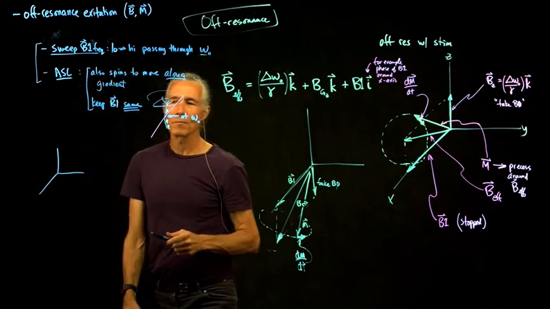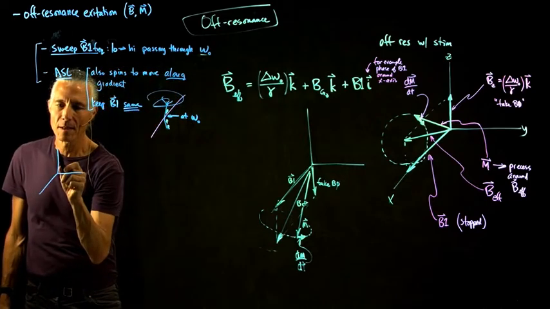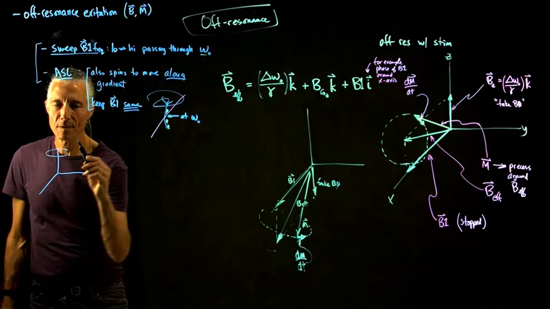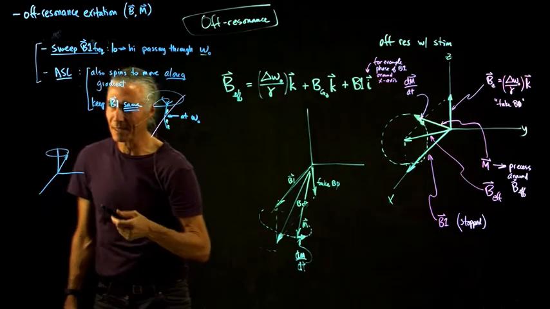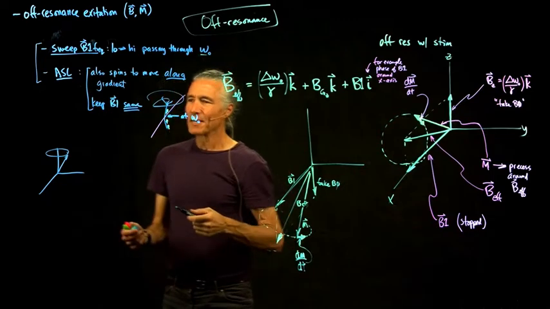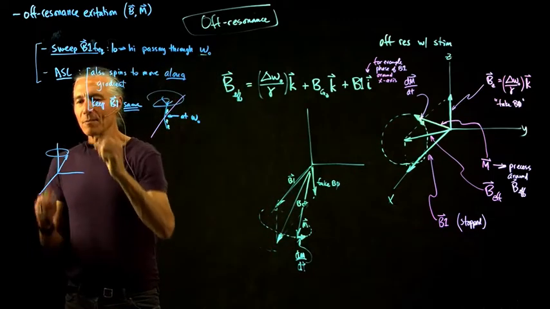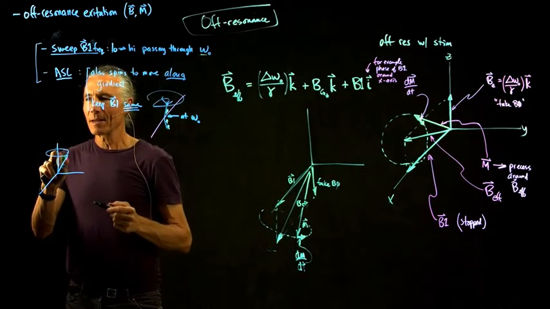And so what does that mean? That means we'll be precessing relatively rapidly. Remember, this is fake precession, but we'll be precessing relatively rapidly around the positive z.